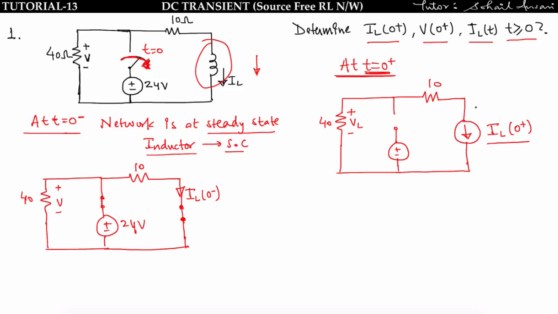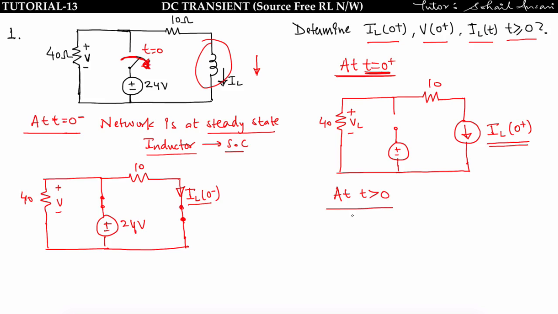So whatever current I get at t is equal to 0 minus will be equal to that at t is equal to 0 plus. So we can replace this inductor with one current source which is constant at t is equal to 0 plus. It is not decaying at t is equal to 0 plus. Remember this point. Now draw the circuit for t greater than 0.